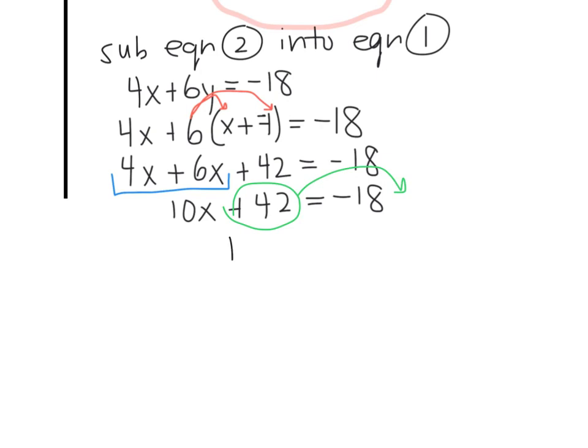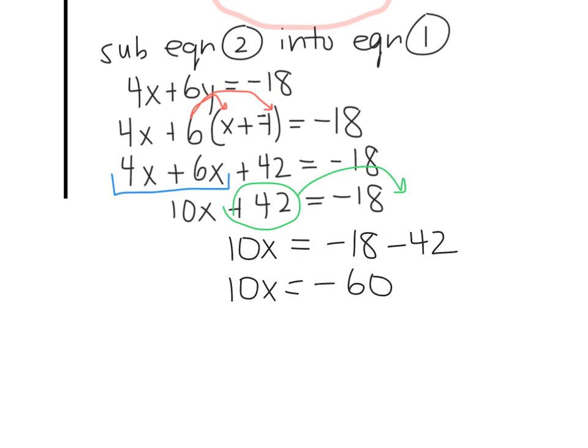So that's going to leave me with 10x equals negative 18 minus 42. If I do that math, I'm going to take negative 18 and subtract 42, which is going to leave me with negative 60. And then to isolate for x, I'm going to divide both sides by 10. So that leaves me with x is equal to negative 60 divided by 10, which is negative 6.